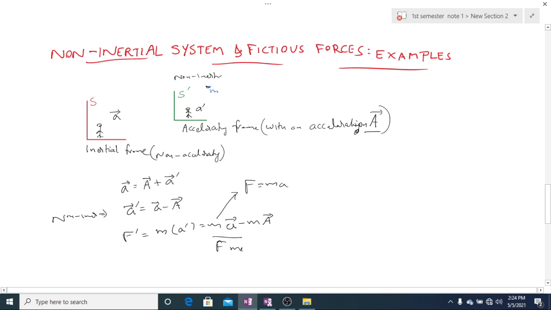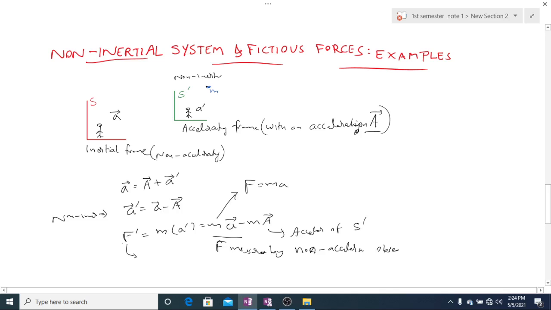Okay, F measured by the non-accelerating observer plus the term due to acceleration of S prime.